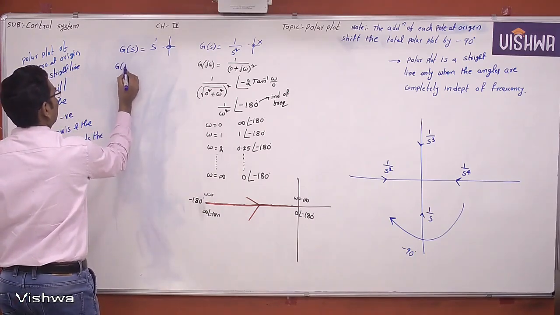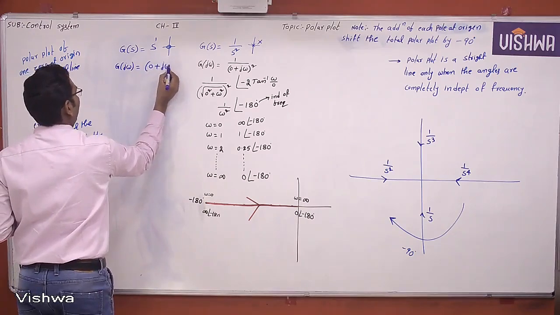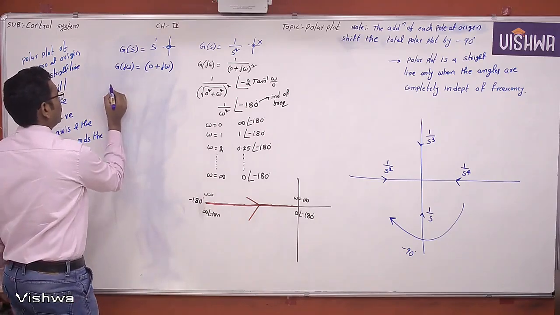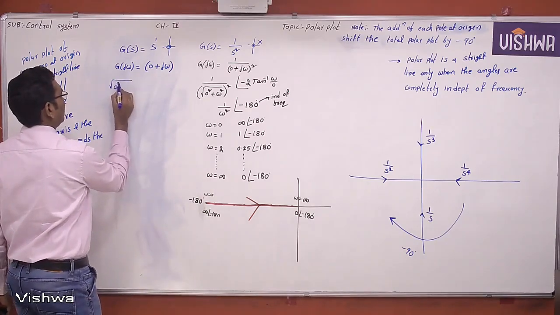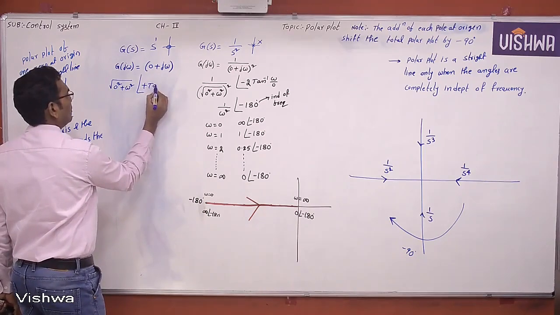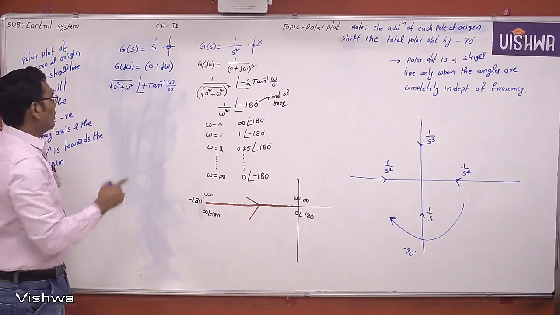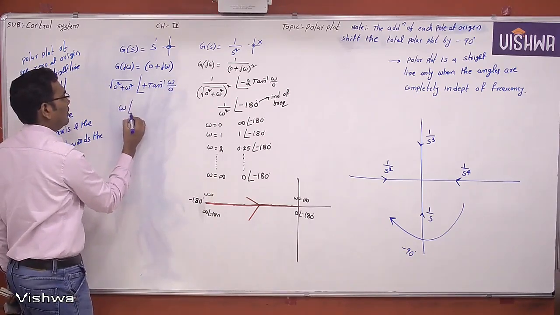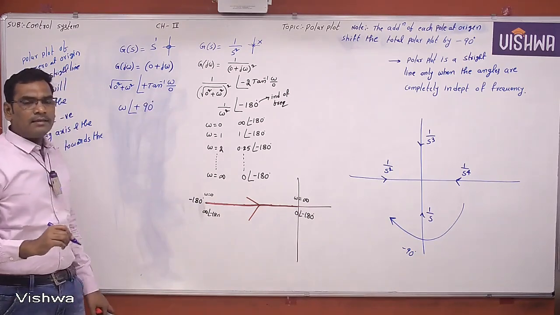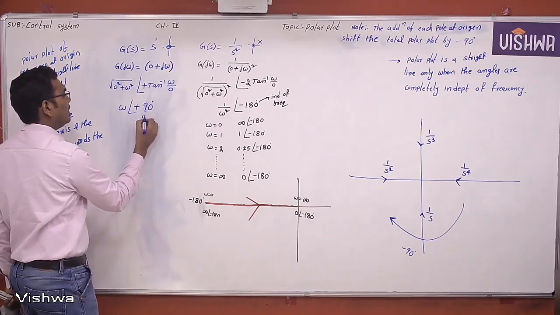Now replace s equals j omega, 0 plus j omega. Magnitude is square root of a squared plus b squared. Phase angle is the numerator plus tan inverse of imaginary part by real part. Therefore, the square root and square cancel to give omega, and this is plus tan inverse infinity, which is 90 degrees. This is plus 90 degrees, which is completely independent of frequency.